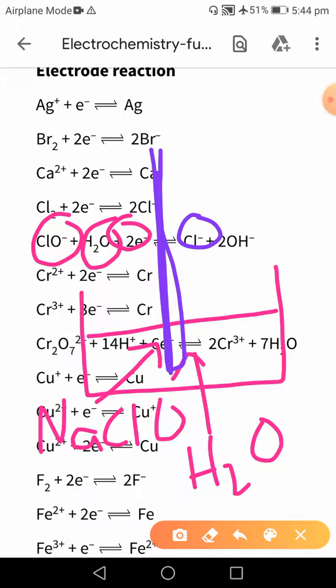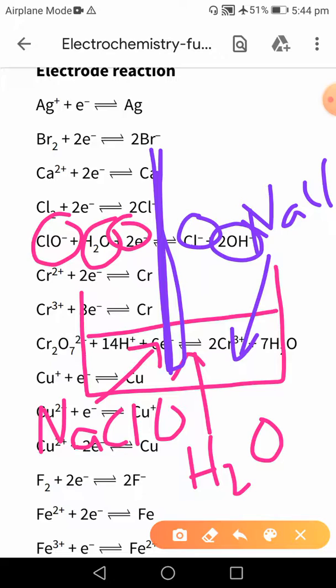Then we have to use a source of chloride, so I'm giving sodium chloride or potassium chloride. Then there is hydroxide, so I am using, for example, sodium hydroxide. So whatever things are present in the equation, you have to add inside the half cell.